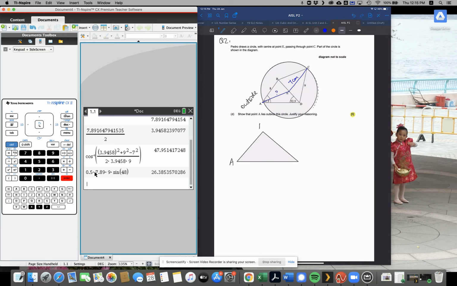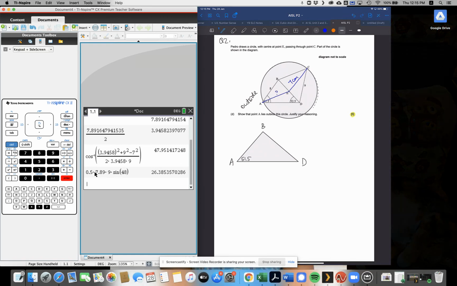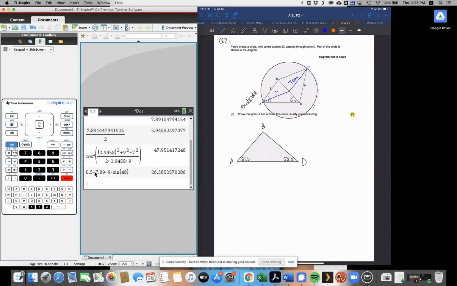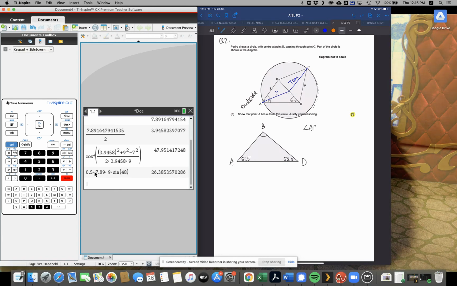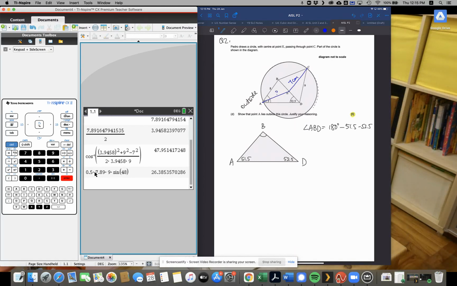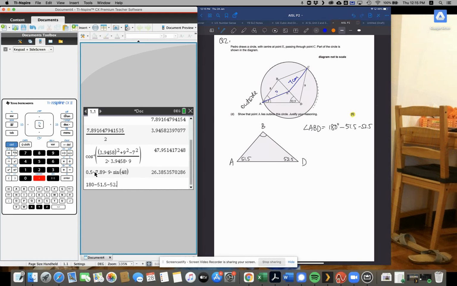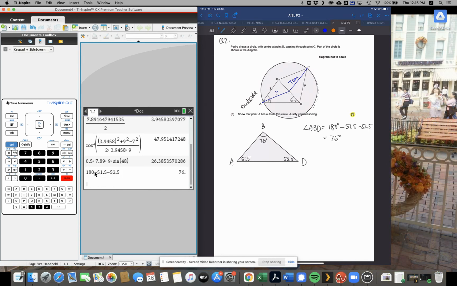So we're dealing with ABD, 51.5, 52.5. So there, angle ABD is 180, taking away the other two. So let's do that. 180 take away 51.5, take away 52.5. 76. This is 76 degrees.